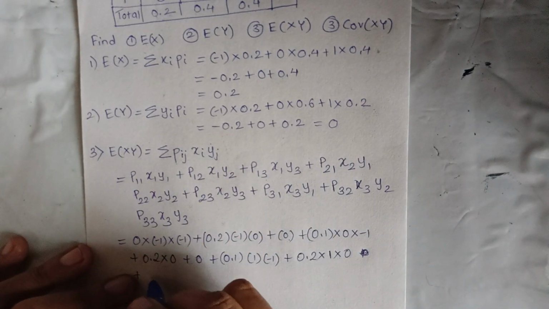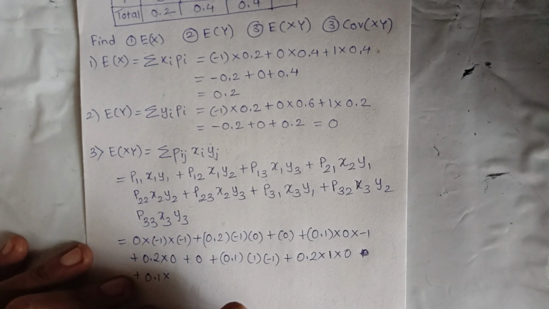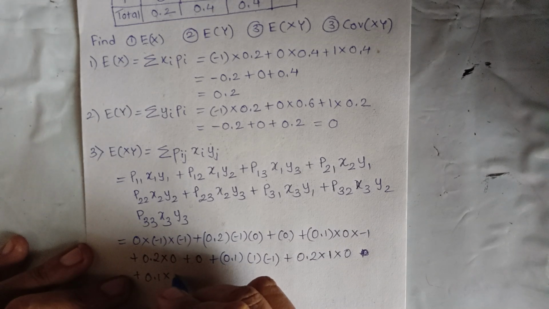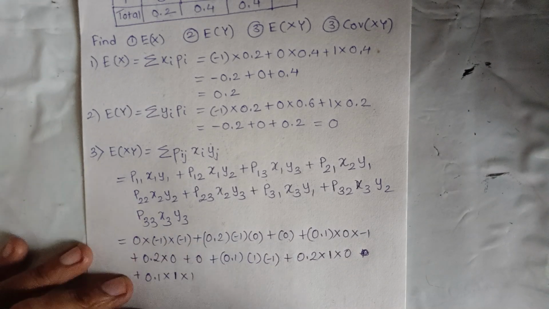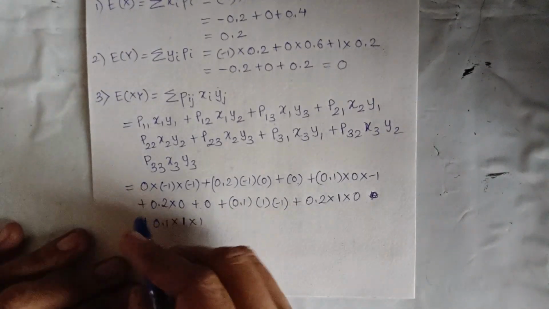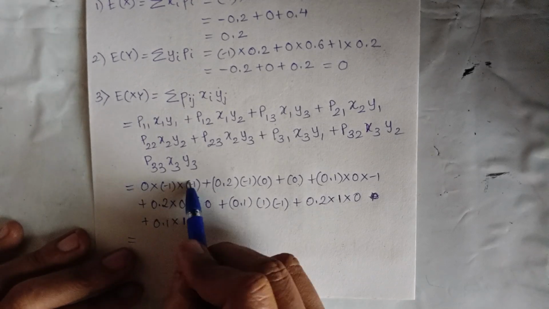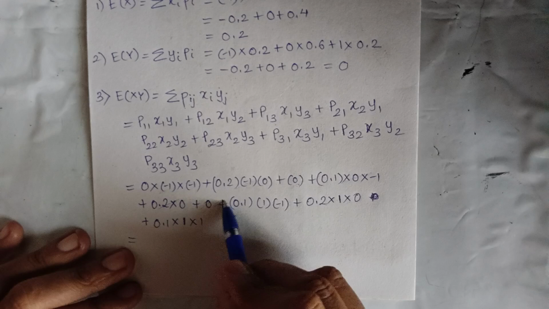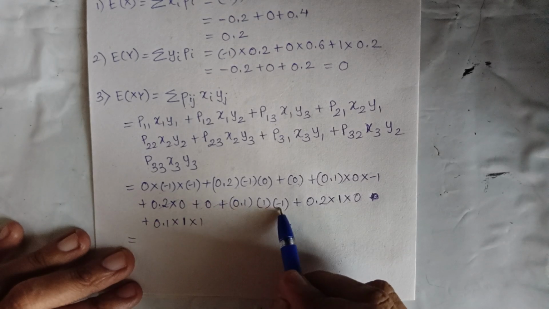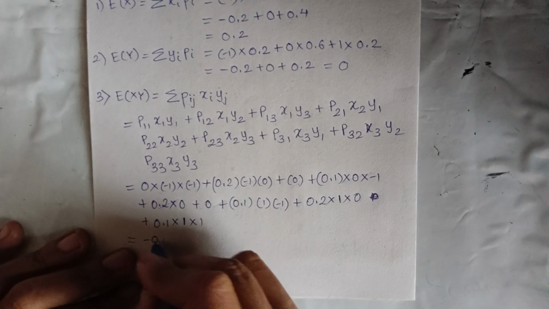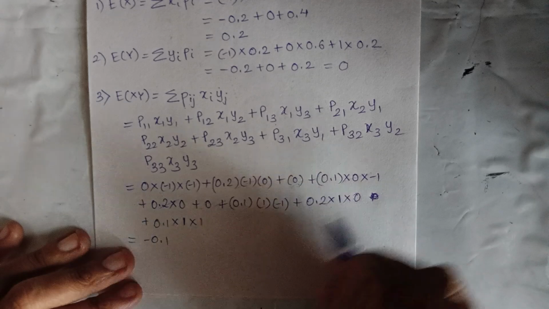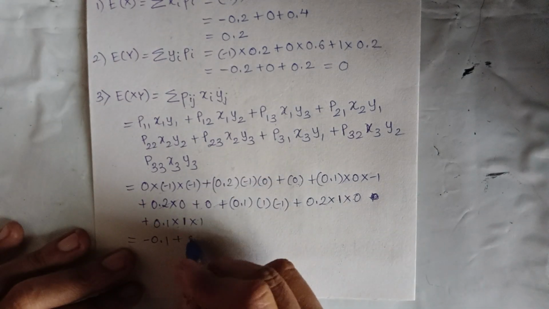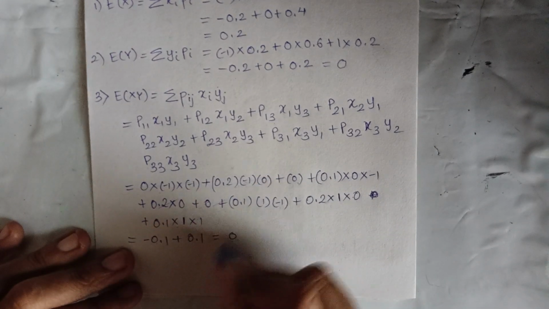P of 3, 3, 0.1 into 1 into 1. Okay. So this is 0, this is 0, this is 0, this is 0, 0, 0. This is minus 1, so minus 0.1. This is 0 and this is plus 0.1. So you are getting 0.